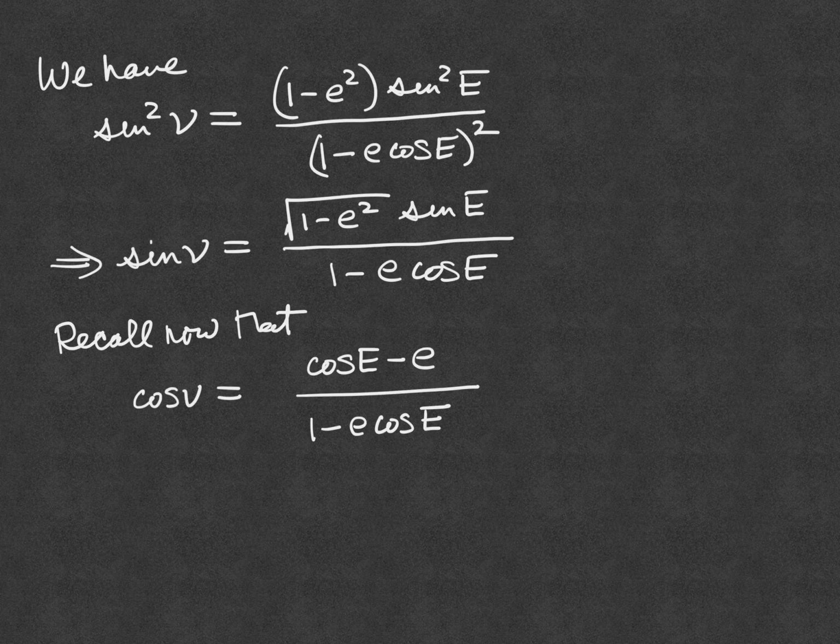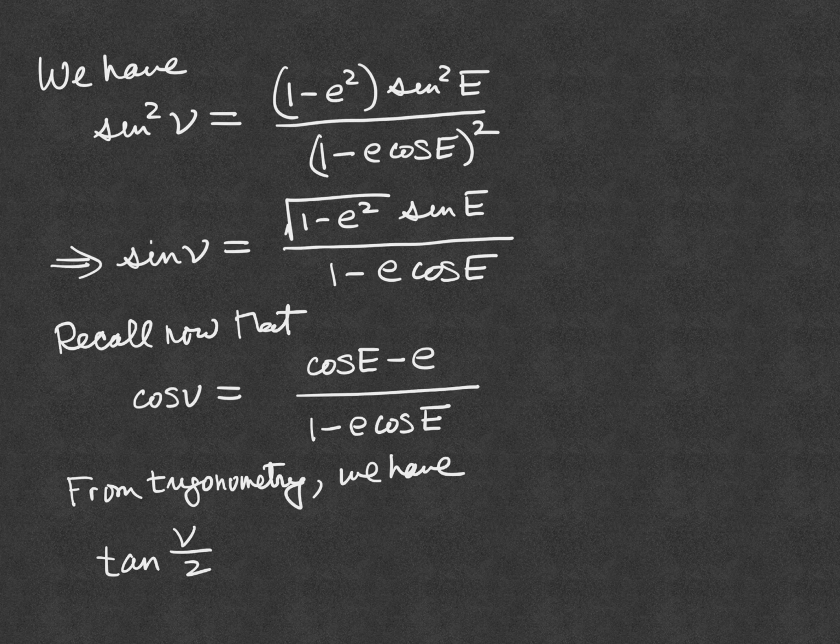And that identity that we're going to use is as follows: from trigonometry, we have that the tangent of nu over 2 is equal to (1 minus the cosine of nu) all divided by the sine of nu. This is just a trigonometric identity.